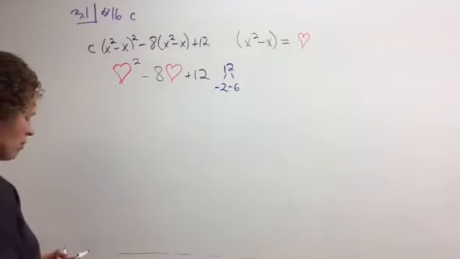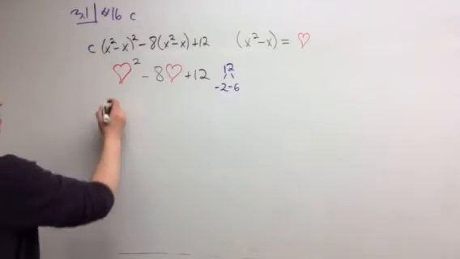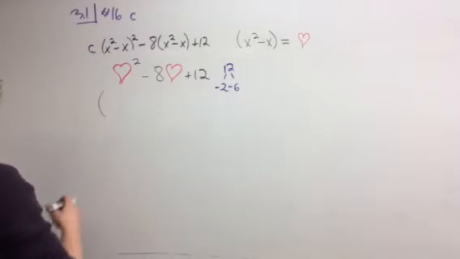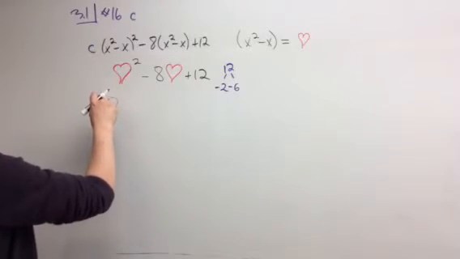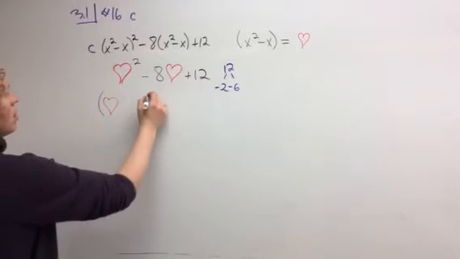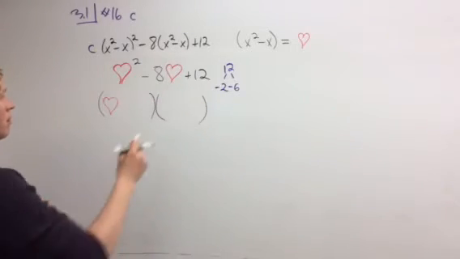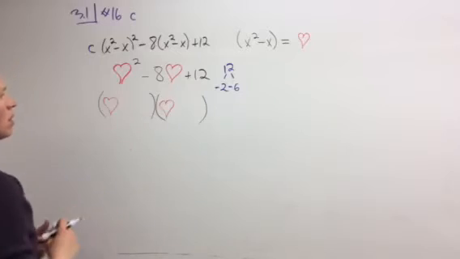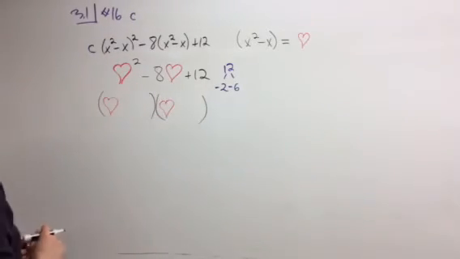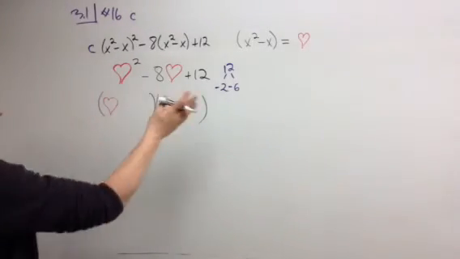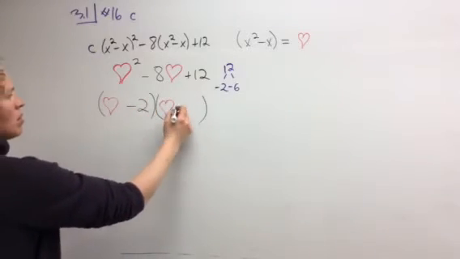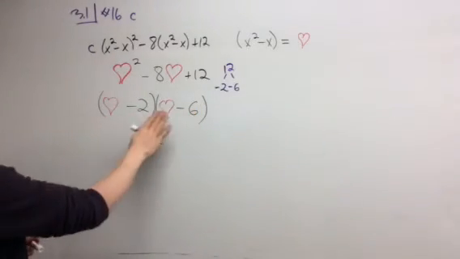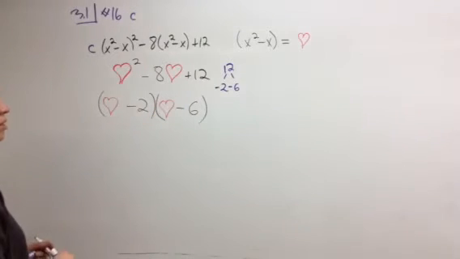So now I draw out my brackets, and I put in my heart. Where it goes, heart times heart equals heart squared. And then I just put in those two numbers. So negative 2 times negative 6 gets me positive 12. But if I add them, I get negative 8. So that's a nice factor for this one.